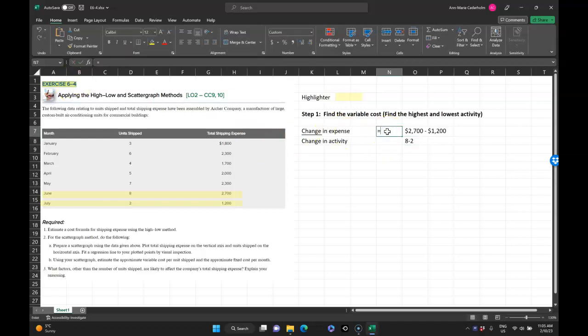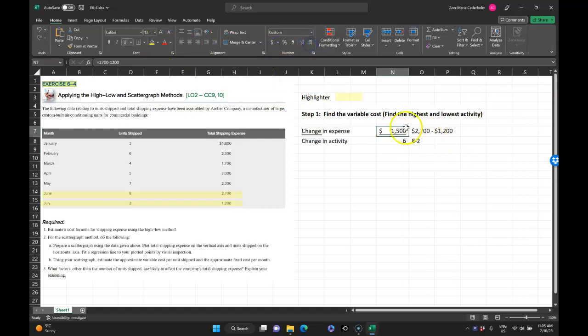So let's try this out. 2,700 minus 1,200 gives me 1,500 for the top. And then 8 minus 2, oh, I have to say equals 8 minus 2 if I want Excel to do math for me, is 6 on the bottom.